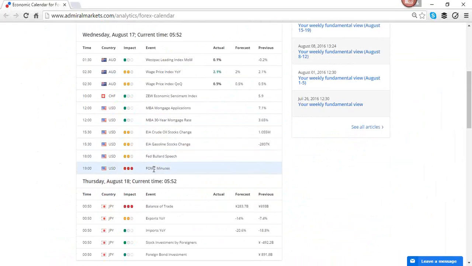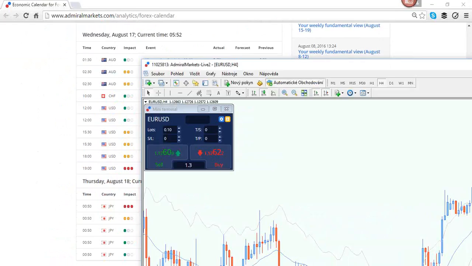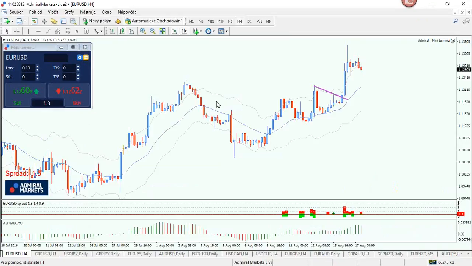FOMC meeting minutes are expected, and then we'll have to see what kind of direction the U.S. economy is expected to go to or is heading towards, according to the Central Bank of the U.S. All right. Thanks for your attention on that.